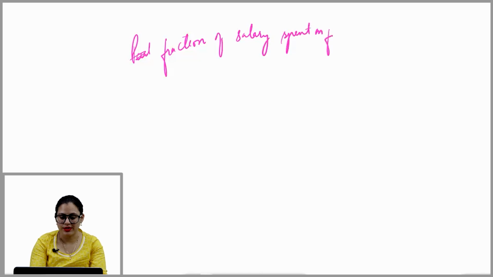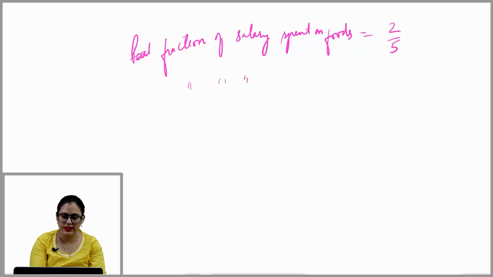So the part, or you can say fraction, of salary spent on food. How much did Mr. Kesa spend? 2 by 5.